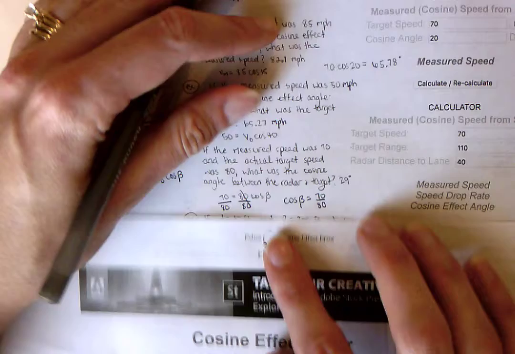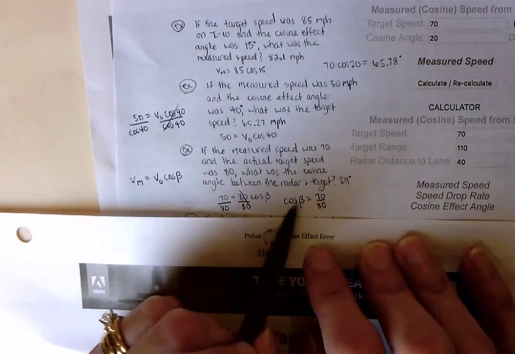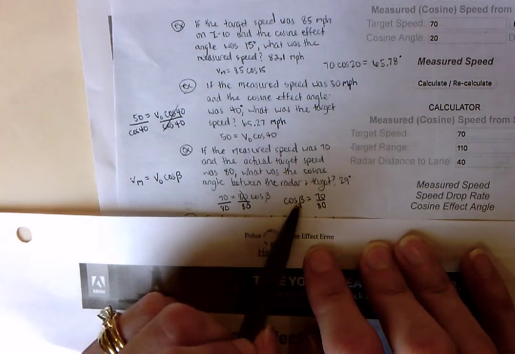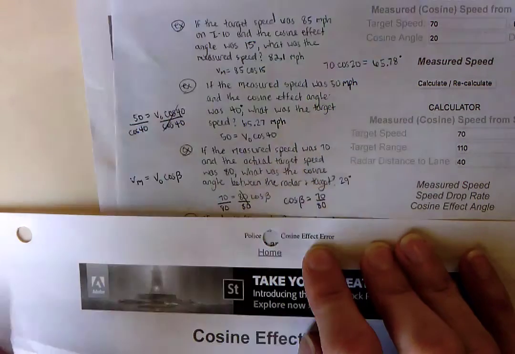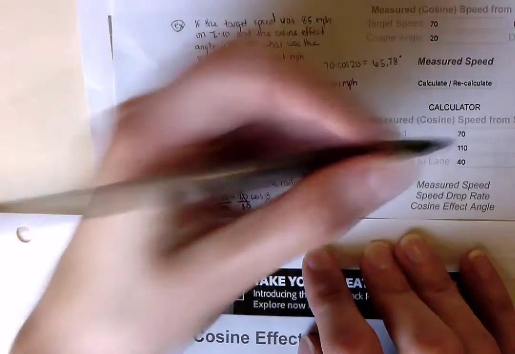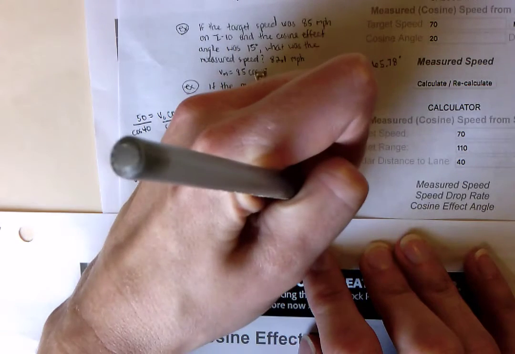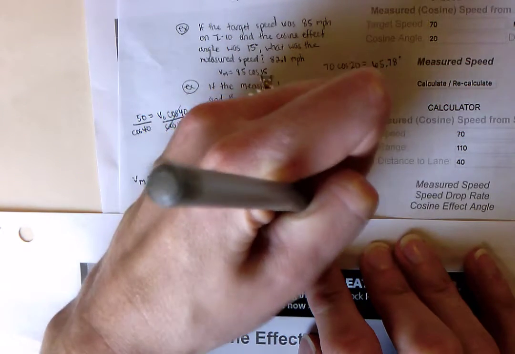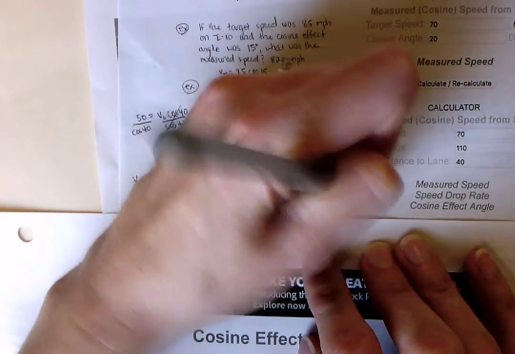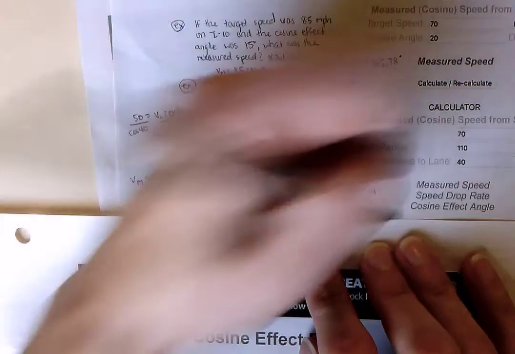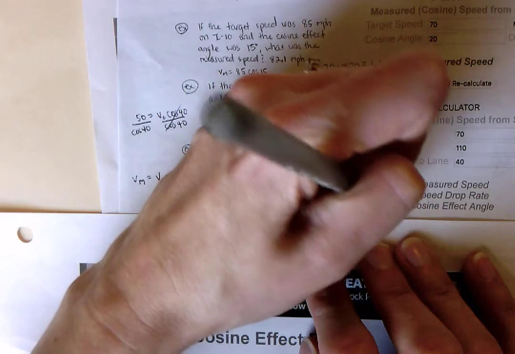Okay? And then remember, in order to find an angle, if you don't have the angle, you have to take the inverse of cosine in order to get the angle. So beta ends up being inverse cosine of 70 over 80.